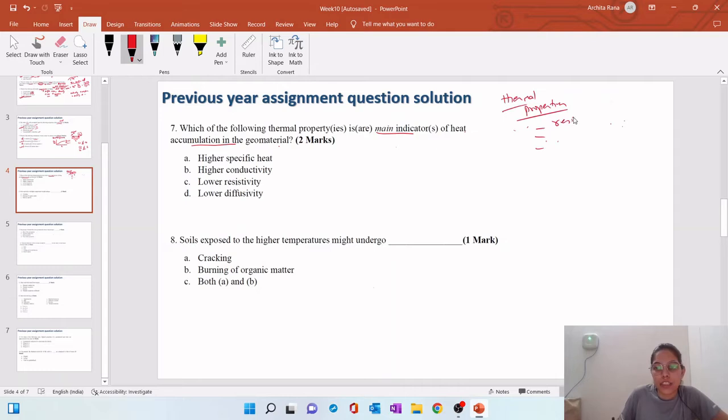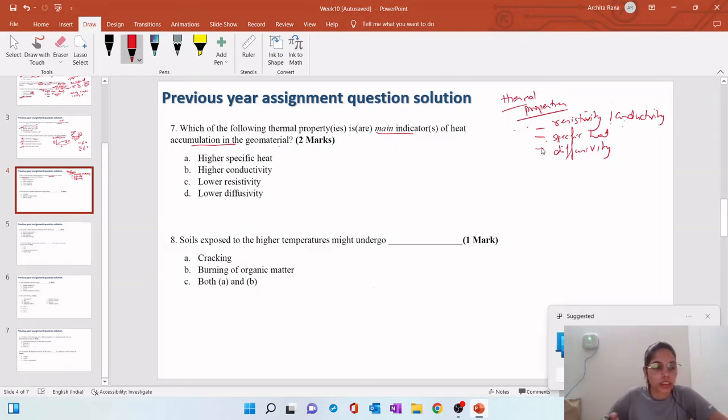One is resistivity, the opposite of which is conductivity, and then there is specific heat, and there is diffusivity. Resistivity is how much resistance there is to transmission of the heat.